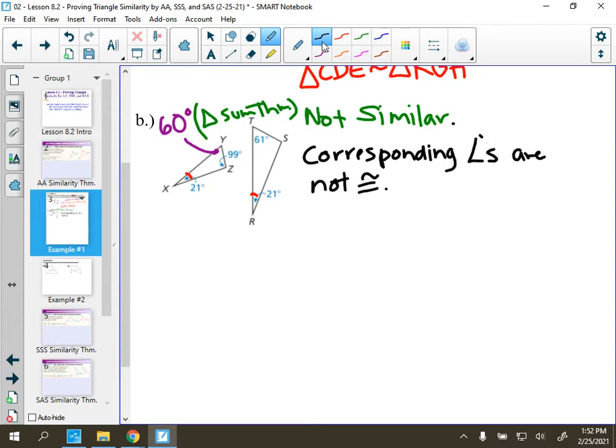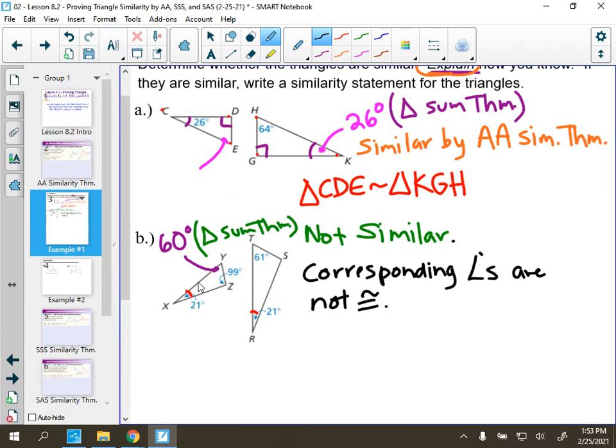And that's all it takes, basically. The AA similarity theorem doesn't apply because we don't have two pairs of congruent angles. They're not congruent. Okay, so that's one look kind of involving numbers.